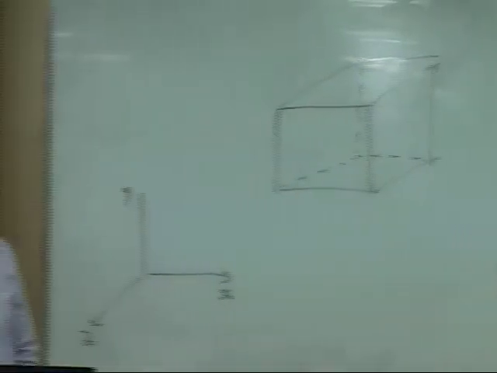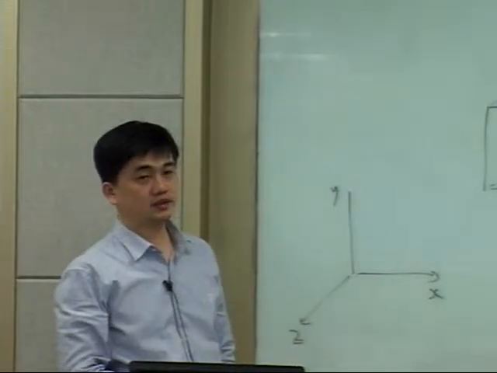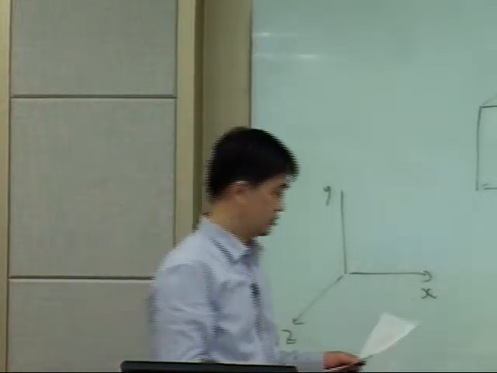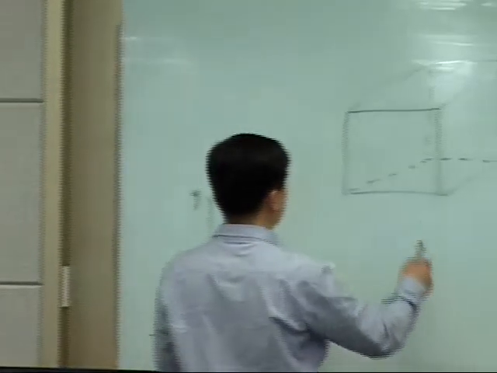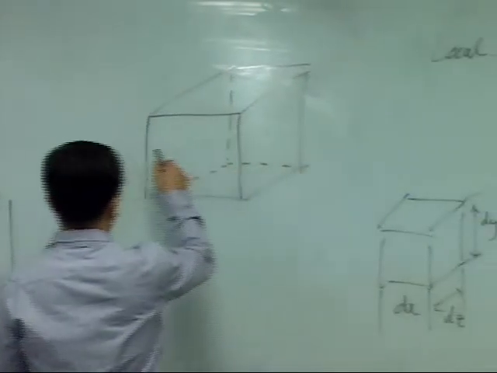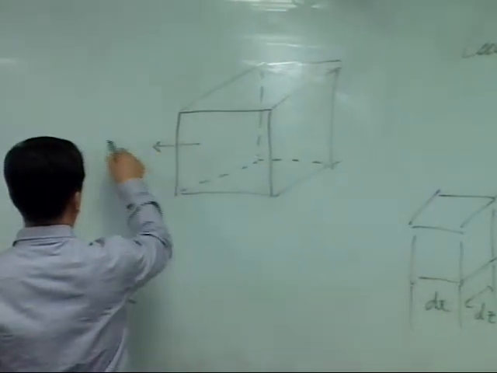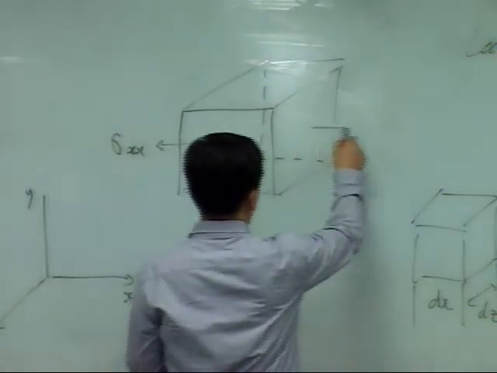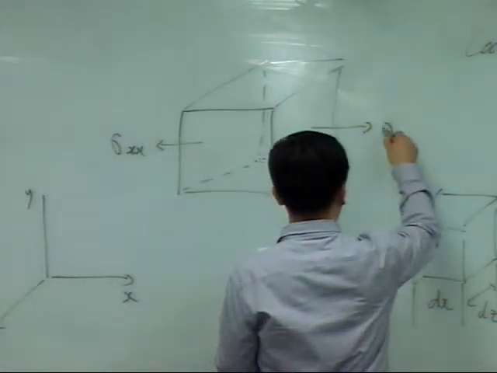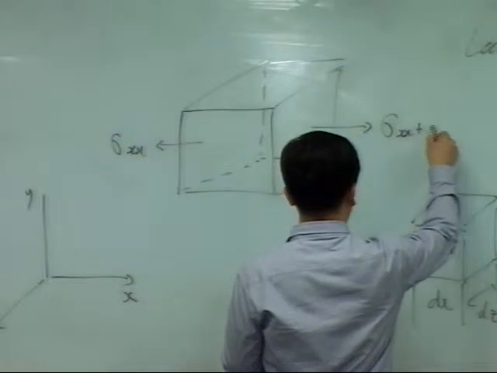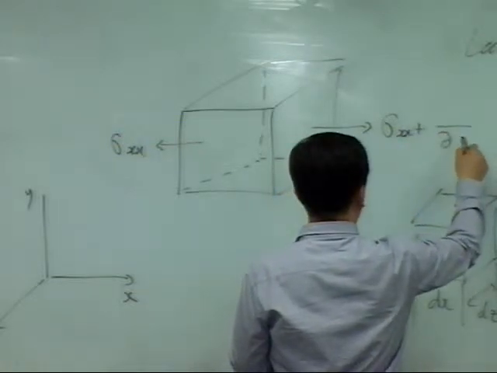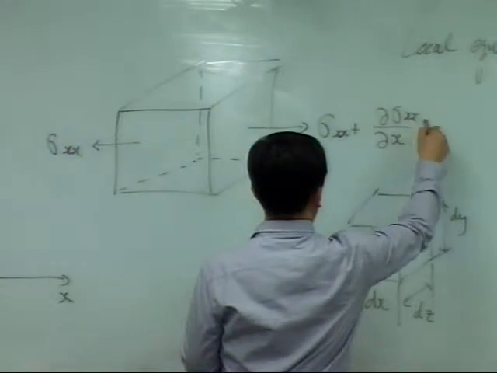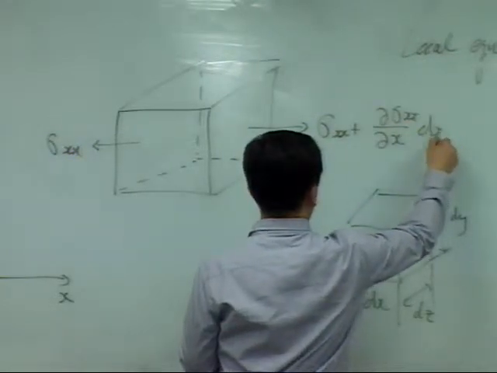Here let me see only the stress in x direction. Here we have a stress sigma xx, and here we're going to have a stress sigma xx plus partial sigma xx over partial x dx.